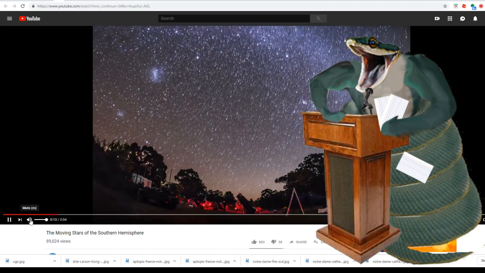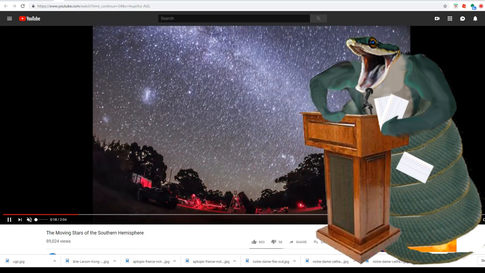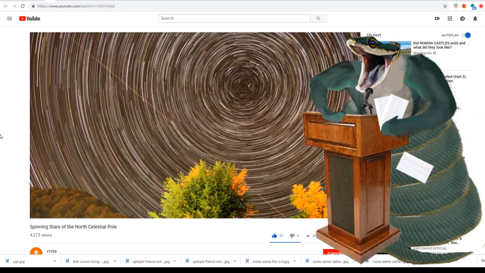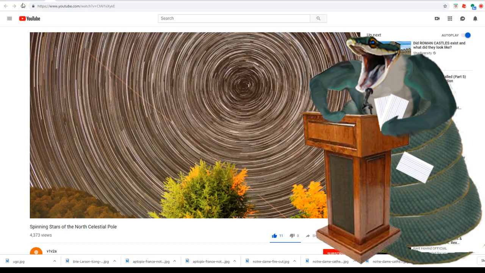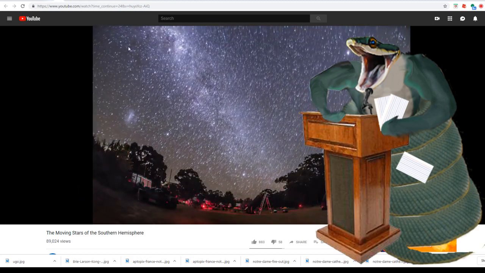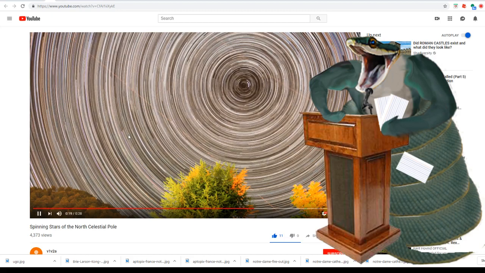And this is the direction that they spin in the southern hemisphere. How are they spinning in different directions if the Earth is flat? It's impossible if the Earth is flat. This is only possible on a globe. So, you can observe this simply by being in the northern hemisphere and the southern hemisphere. Anyone can do this. Simple proof.